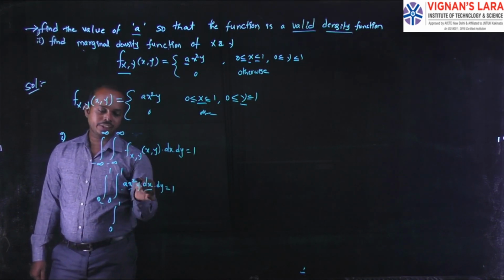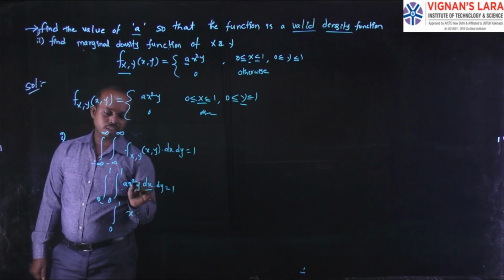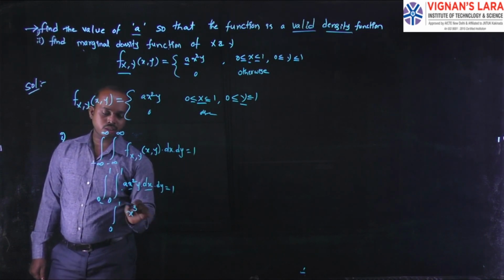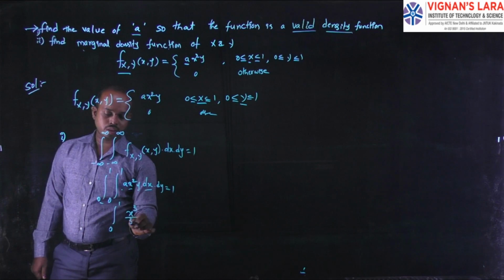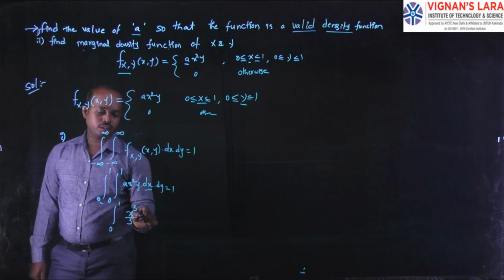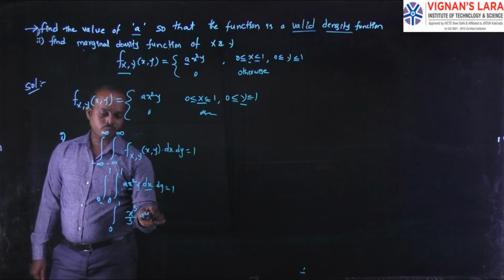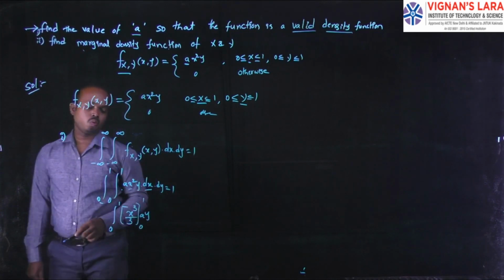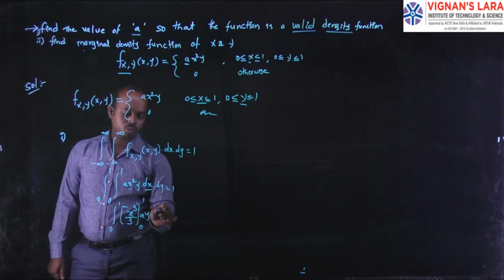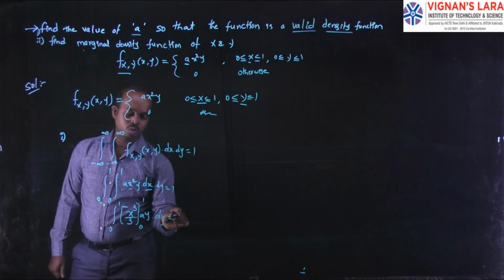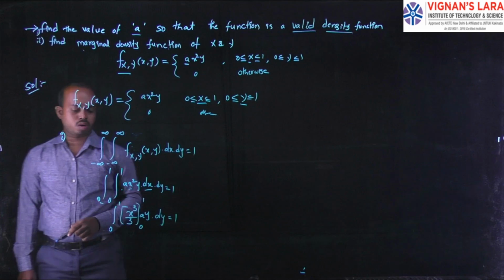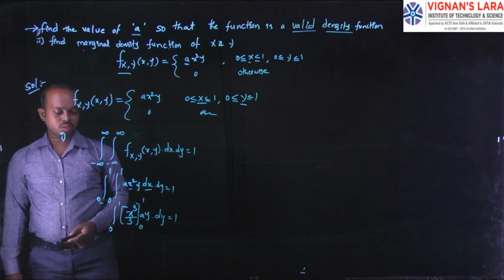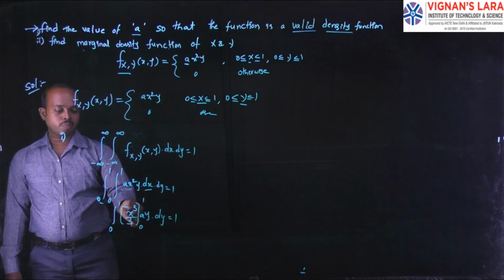I apply the integration on x square. The integration of this quantity is x cube by 3 into a y, with the x limits 0 to 1, into dy is equal to 1. Now we substitute these limits: 1 is the higher limit minus the lower limit.